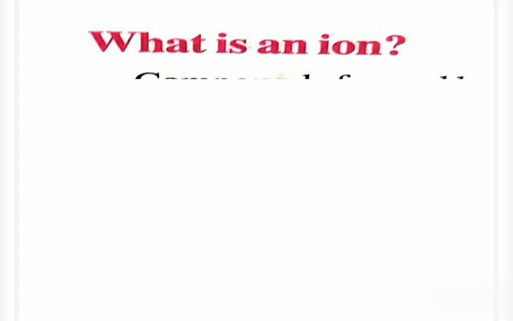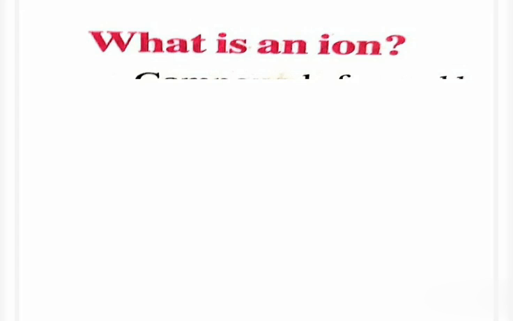If it loses electrons, like sodium, then it is called a cation and a positive charge will come. If it takes the electron, then a negative symbol will come, and that is called an anion. So ions are nothing but charged species.